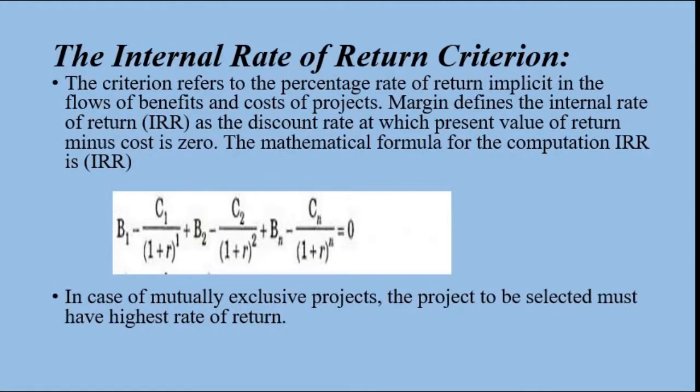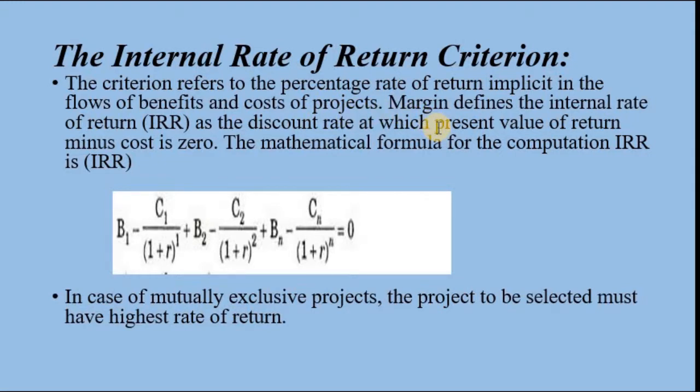Now here is another one, the internal rate of returns. The internal rate of returns refers to the percentage rate of returns implicit in the flow of benefit and cost of a project.